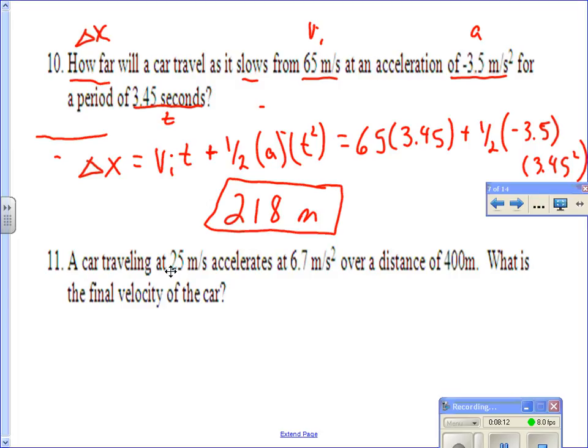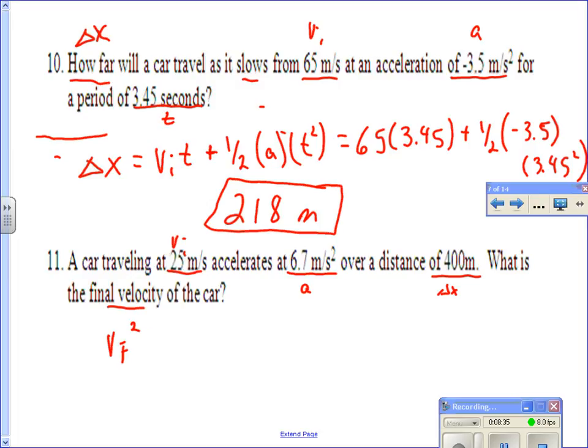A car traveling at 25, that's a VI, accelerates at 6.7 meters per second squared, that's my acceleration, over a distance of 400 meters, distance is delta x. What's the final velocity? So we have two final velocity equations, so you got to find the one that has a VI, an A, and a delta x. And you have to label this correctly.